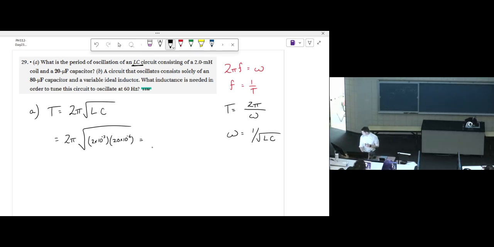And this comes out to be a periodicity of 1.3 times 10 to the minus 3 seconds, or 1.3 milliseconds for the period.